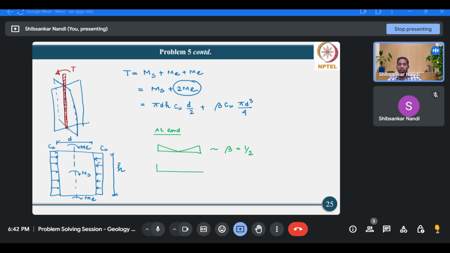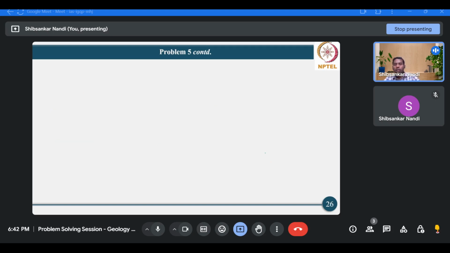If it is uniform, beta will be 2/3, and if it is parabolic, then it will be 3/5. Okay, so anyhow we'll proceed with the general expression.